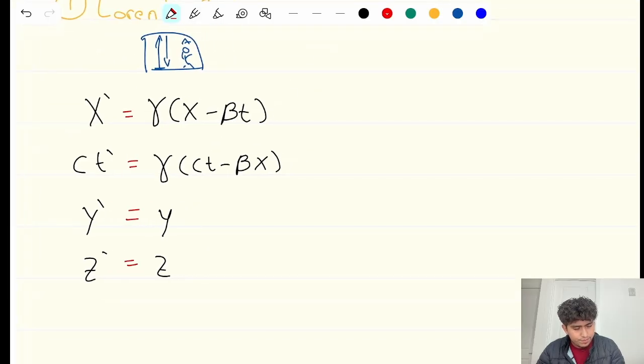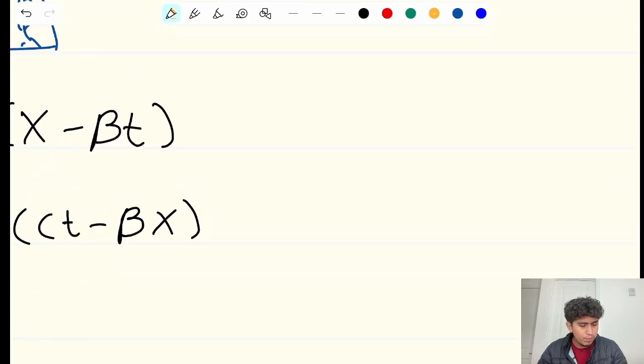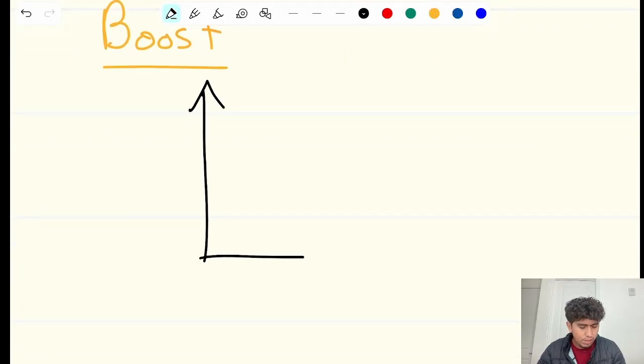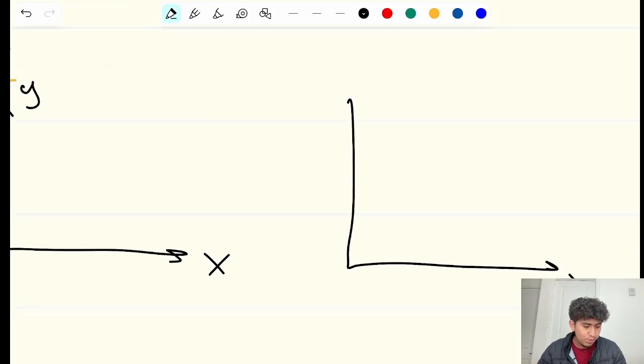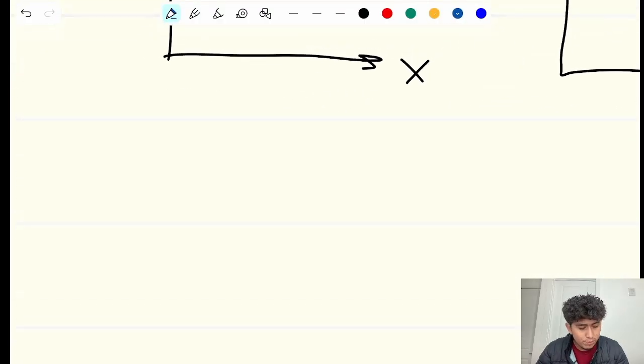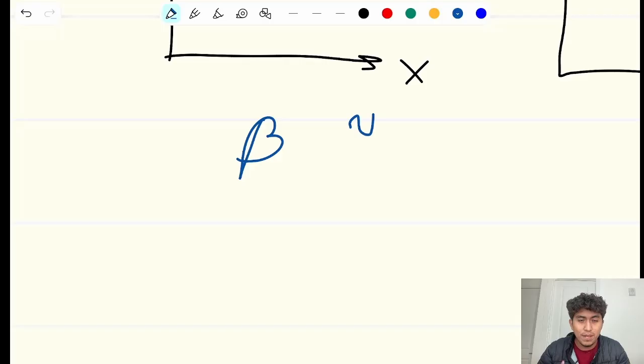Okay, so first, what is a boost? Let us imagine the following situation. Let's say we have one coordinate system, with y and x, and then we also have y and x, but this other frame of reference is moving with respect to the first one. First, something you're going to see all your life is the beta factor.